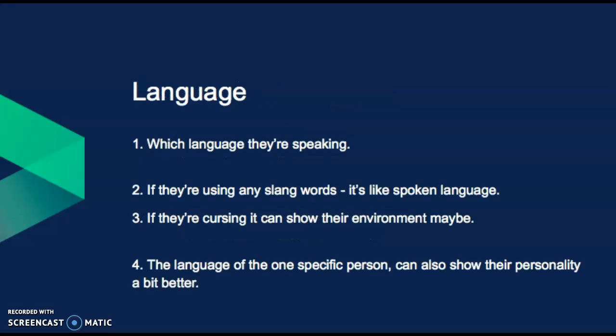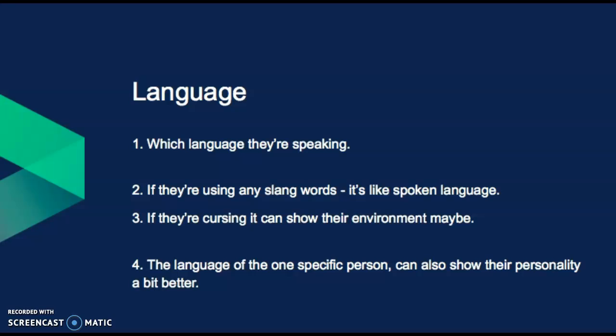Okay, so it's also important to look at language in your analysis. In an analysis, you find out which language they're speaking, whether they're using any slang words or spoken language, and if they're cursing, it can show their environment.